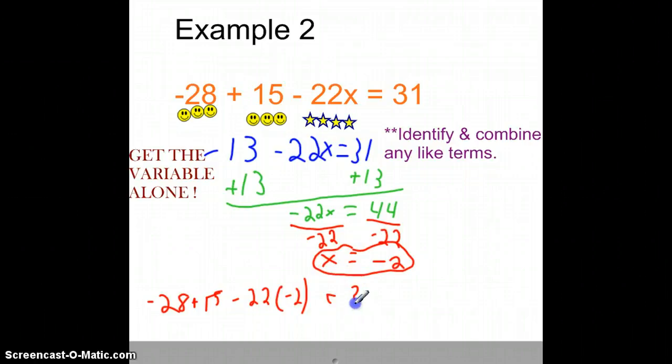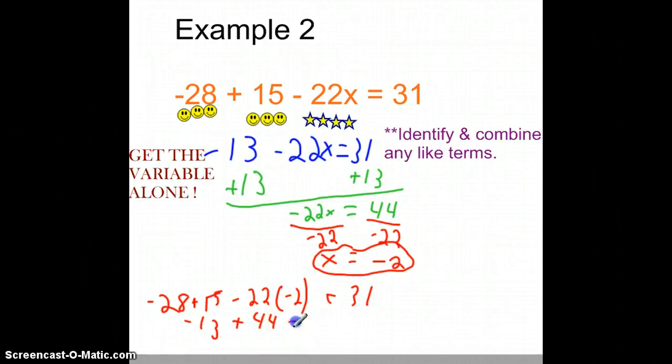We hope it comes out to be 31. Negative 28 plus 15, we said that's going to be negative 13. Negative 22 times negative 2, negative times negative is plus 44.